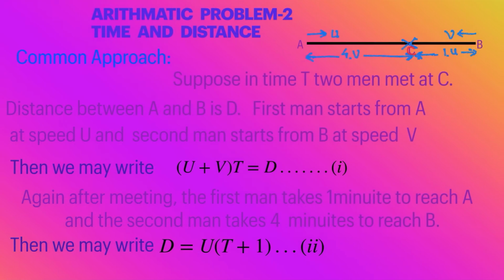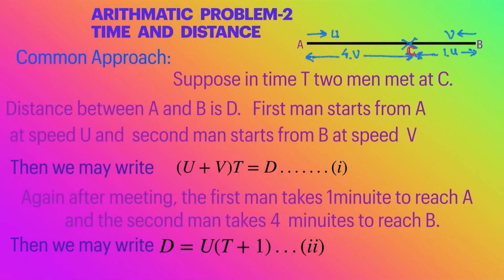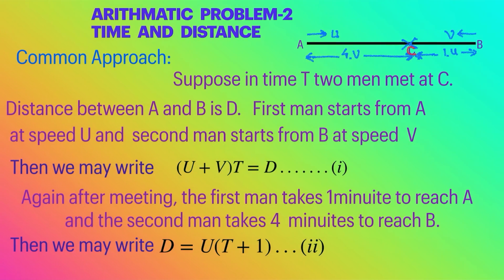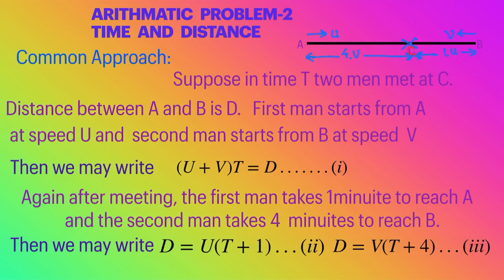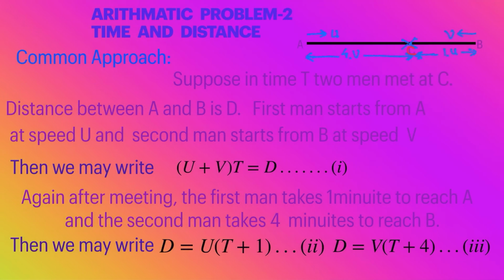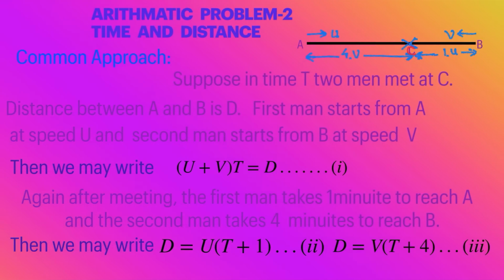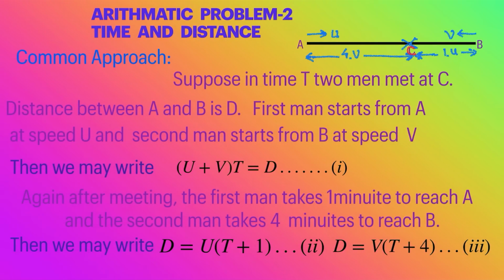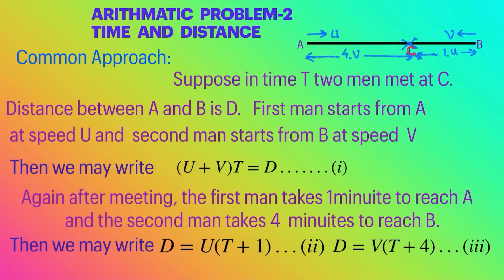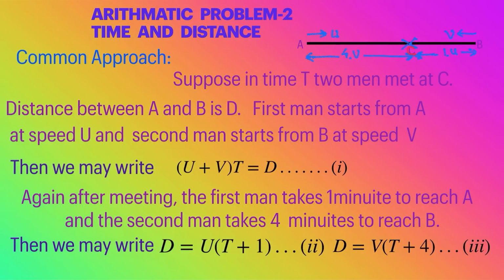In a similar way, after crossing each other, the second racer will take 4 minutes, so the second racer will take a total time of t plus 4 minutes, and if its speed is v, then d equals v into (t plus 4), because distance equals speed into time.